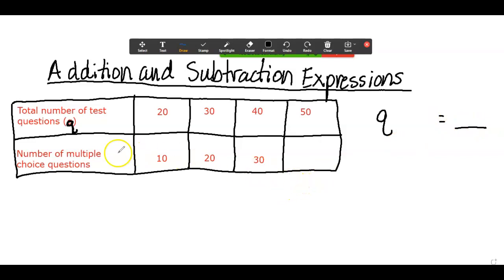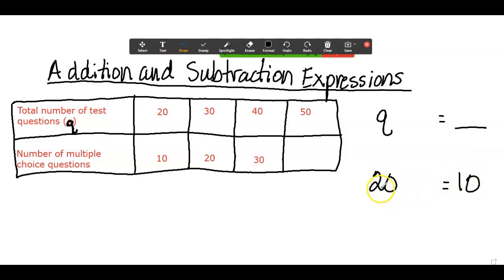Down here is the number of multiple choice questions. So we're talking about a test that has a certain amount of test questions, and within those questions, this amount is multiple choice. So I have 20 and 10. That means something is happening to 20 for me to get 10.